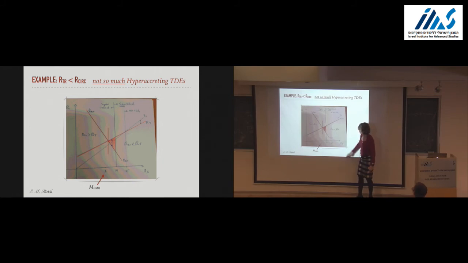Okay, but then there are the other critical radii. There is the Hills mass that we talked about last time, remember? So this is the trapping radius. No, sorry, this is the trapping radius. This is the Schwarzschild radius. Here, the Schwarzschild radius is larger than the trapping radius, and then what happens?